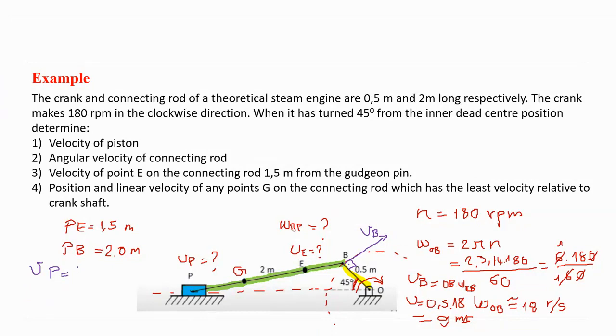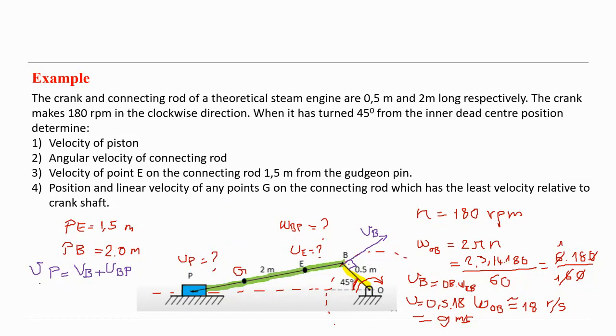VP is equal to VB, which is known, plus VBP, that is B about P. So this is the equation.